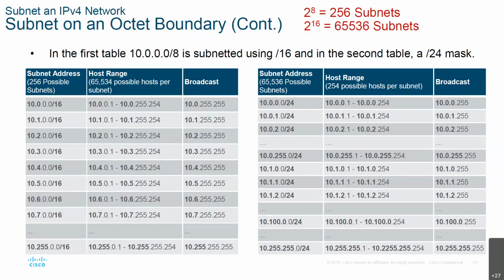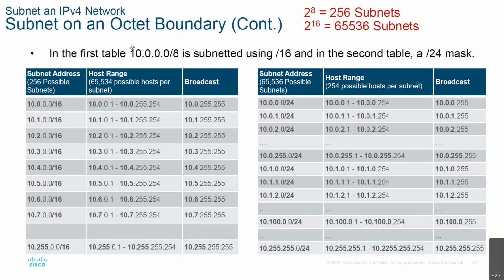This is if you're converting an 8-bit network portion and 24-bit host portion. So we can subnet this into 16 bits, or we can also subnet this into 24 bits. If you're subnetting this into a 16-bit network, then we'll have 256 possible subnets.